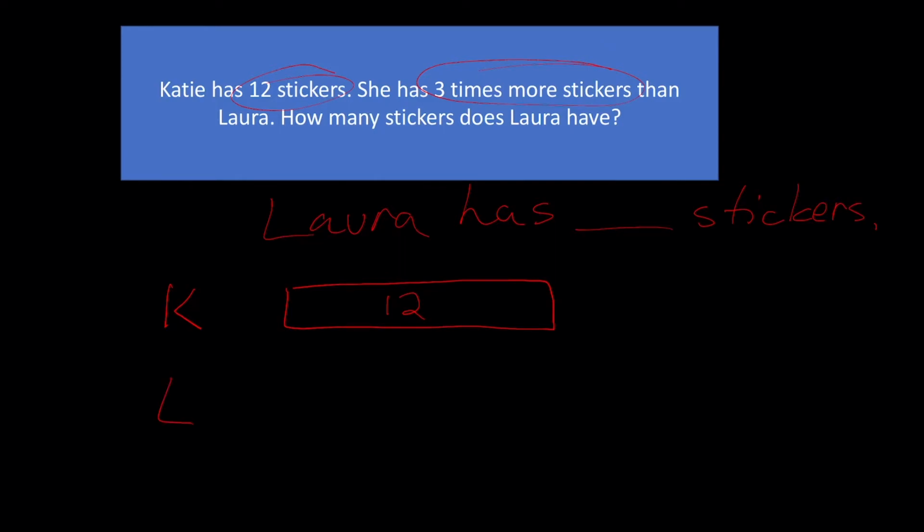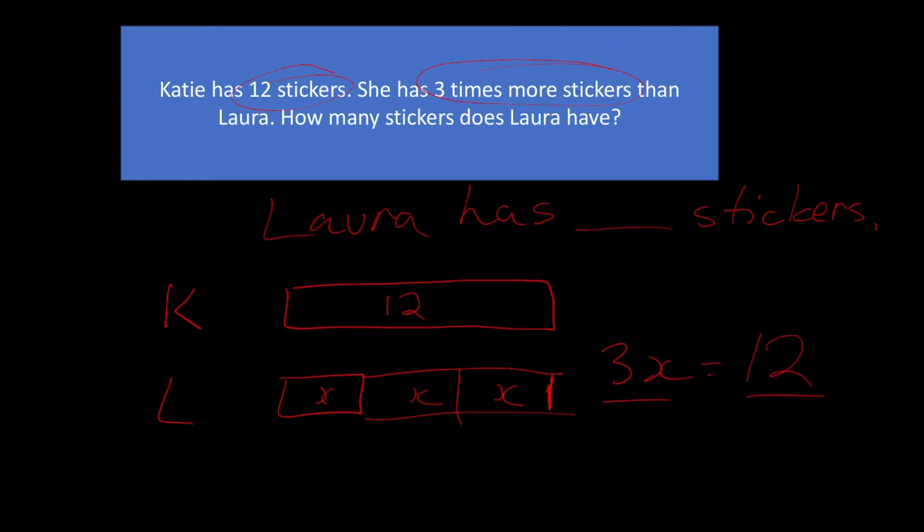So Laura obviously only has this little bit of stickers, and we don't know how many that is, right? And Katie has 3 times as many. So to make it the same length, I would have to add 2 more of those boxes on. So this would be 3x equals 12.